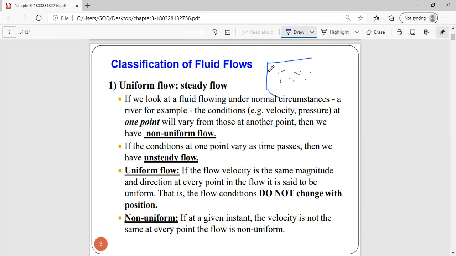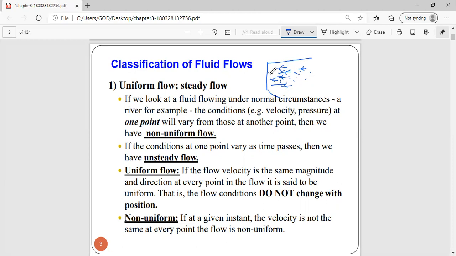For instance, the water is stationary, so I have not considered any type of flow. I just constructed a dam for constant flow or for saving water. After some days, what will happen? This dam is filled with water.